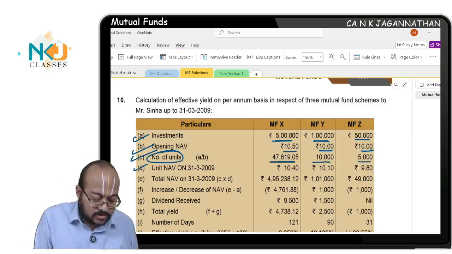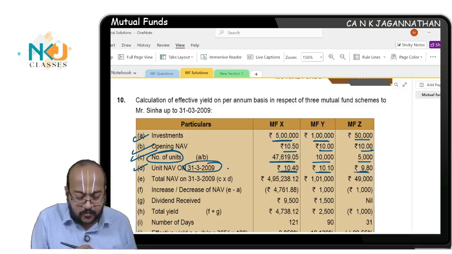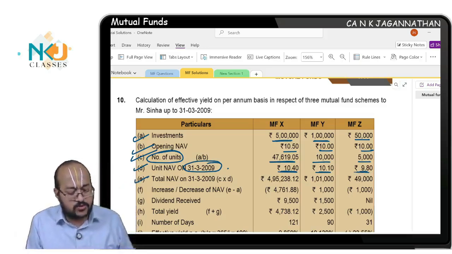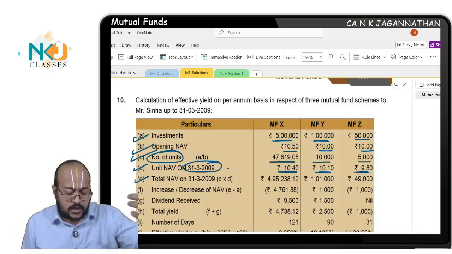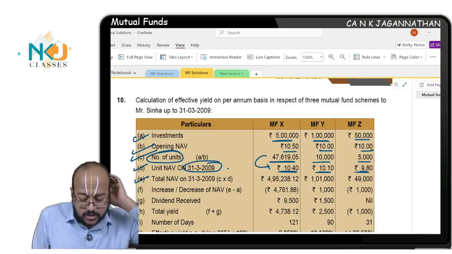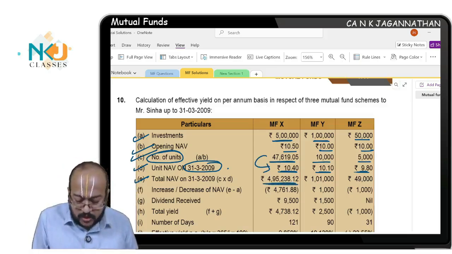Next, this is the unit NAV on 31/3/2009. Closing NAV given: 10.4, 10.1 and 9.8. Now, total NAV as on 31/3/2009. What do you do? Number of units outstanding. Any new issue? Nothing given. So, number of units into closing NAV, you will find the total closing NAV.